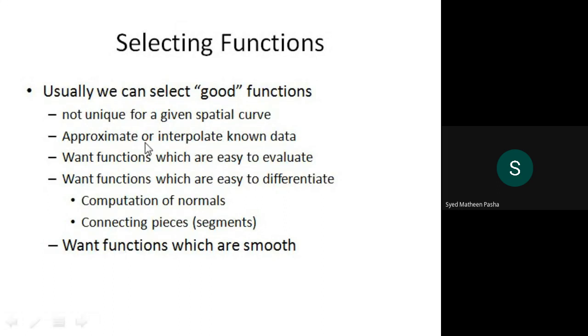Then you will take approximation or interpolation of the data which is already known to you. You can take approximation only for the data which you already know, because you cannot take the approximation for data which you don't know. So that is one of the points to make a function work well.